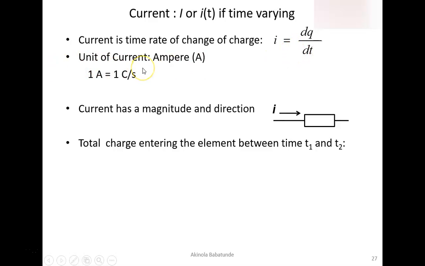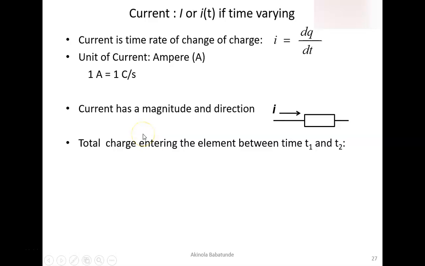The unit of current is ampere, represented with capital A, and 1 ampere is equal to 1 coulomb per second, because the charge Q is measured in coulombs, while the time t is measured in seconds. So current can be said to be coulombs per second. That's why we said 1 ampere is equal to 1 coulomb per second.